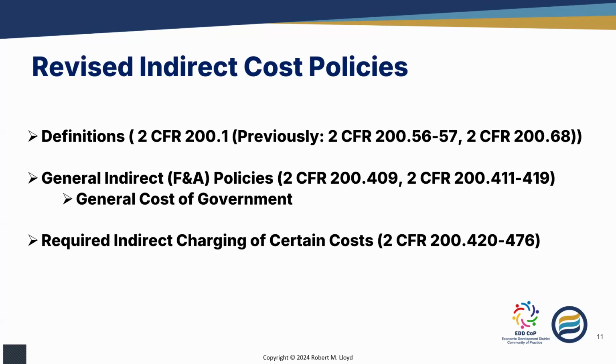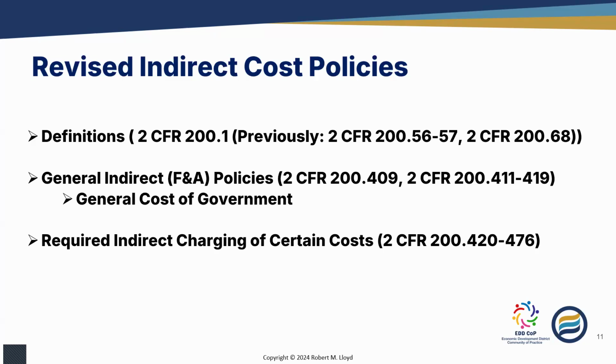So, for example, the definitions in 2 CFR 200.1 include those that I read to you earlier related to direct cost, allocation plan, and indirect cost rate.